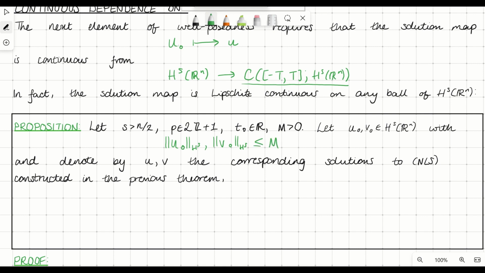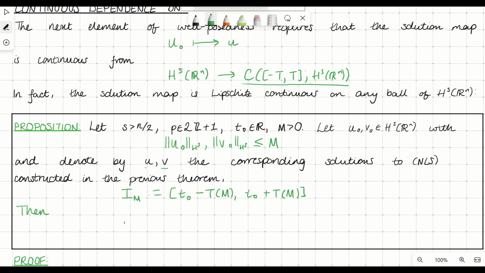Then if we denote by u and v the corresponding solutions to the equation that we just constructed in the previous theorem, which are both defined on the interval im, which is t0 minus t of m, t0 plus t of m.